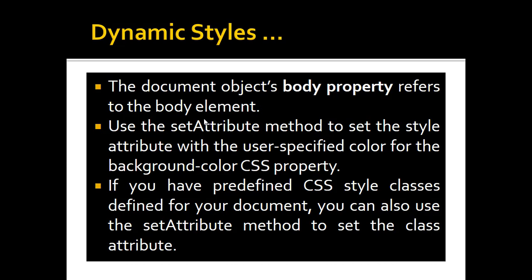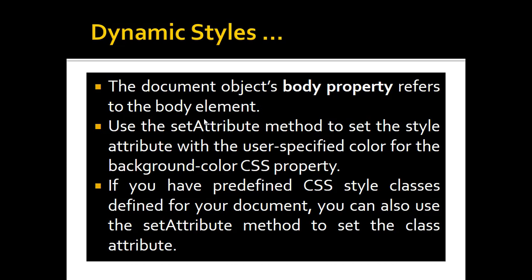The document object's body property refers to the body element, that we already know about. Then we can use the setAttribute method to set the style attribute with the user specified color for the background-color CSS property. We can use the setAttribute method in order to set a particular attribute.